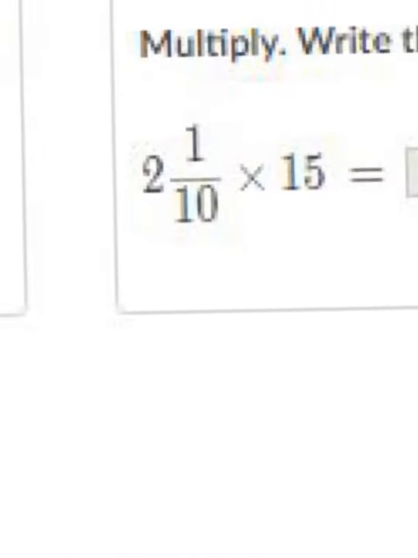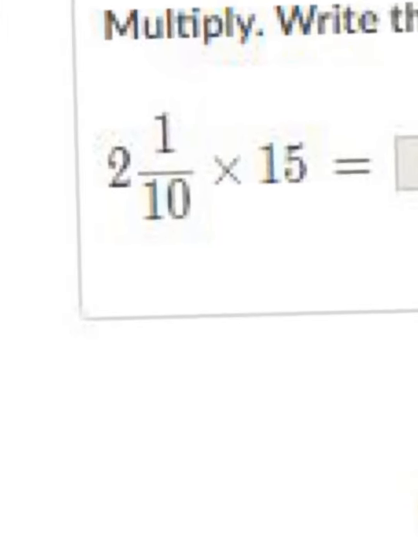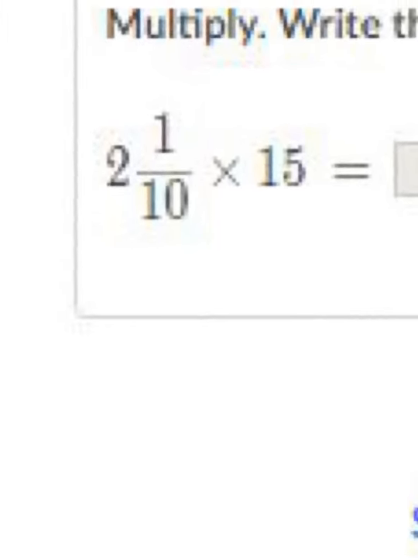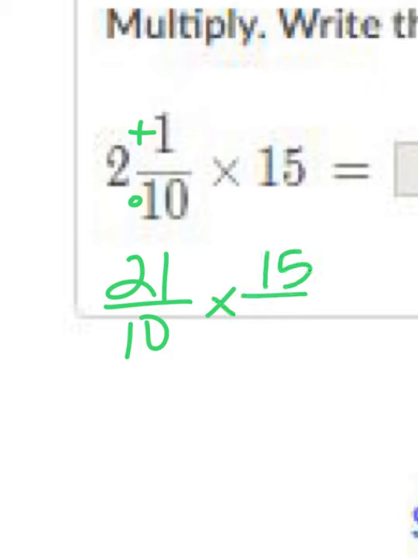When you do this in Khan, all of your answers will not come up as whole numbers, just so you know. You'll have a variety of different answers. Okay, so last one. Sorry about that. So we're going to multiply 2 times 10 and then add the 1. So 2 times 10 is 20, plus 1 is 21, over 10 times 15, I'm going to put that over 1.